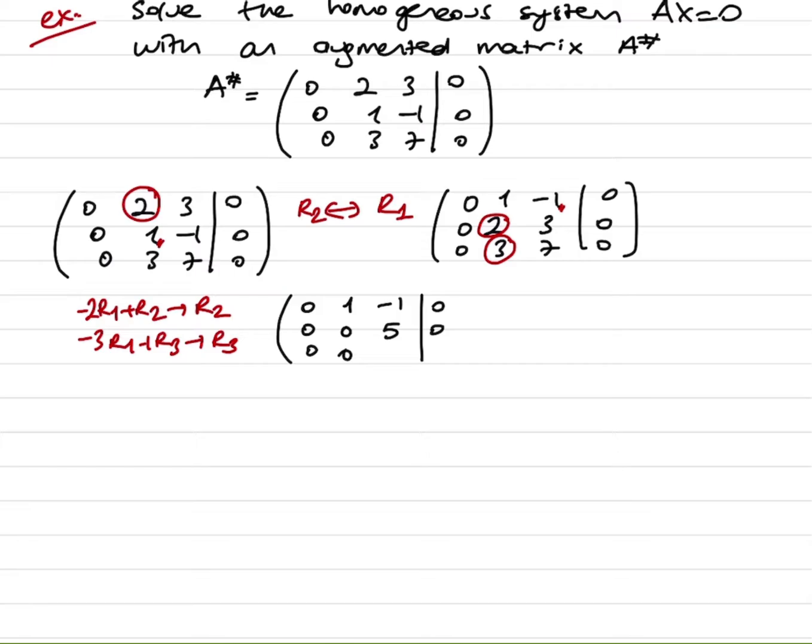Minus 3 times -1, so it is plus 3, so 7 plus 3, we will have 10. Great. The next thing we are going to do is arrange this to be 1. So 1 over 5 R2, and we will write it as R2.